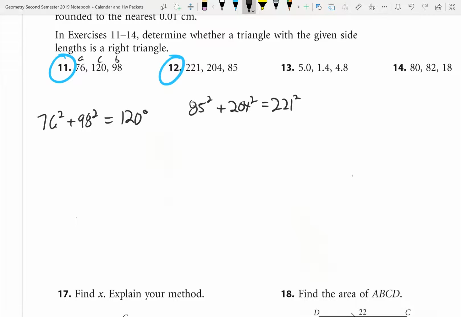76 squared plus 98 squared. So 15380. Does that equal 120 squared? 14400. No, so not a right triangle.